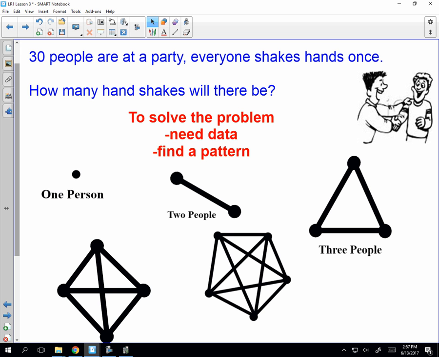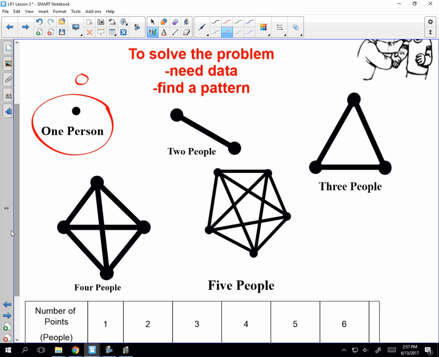So we know if there's one person at the party, no handshakes can happen. Okay, so that's our 0 value. If there's 2 people, we can have 1 handshake. 3 people, we can have 3 handshakes. 4 people, we've got 1, 2, 3, 4, 5, and 6 handshakes.